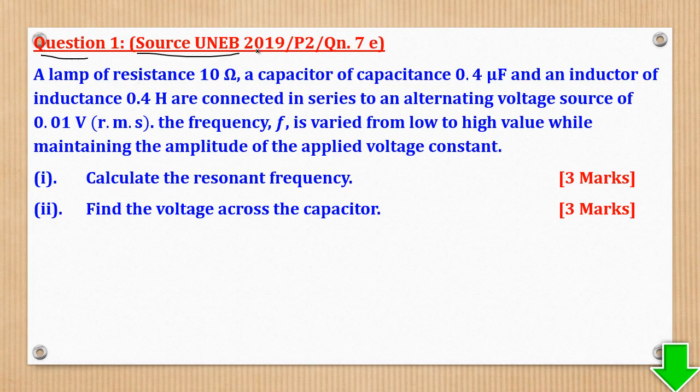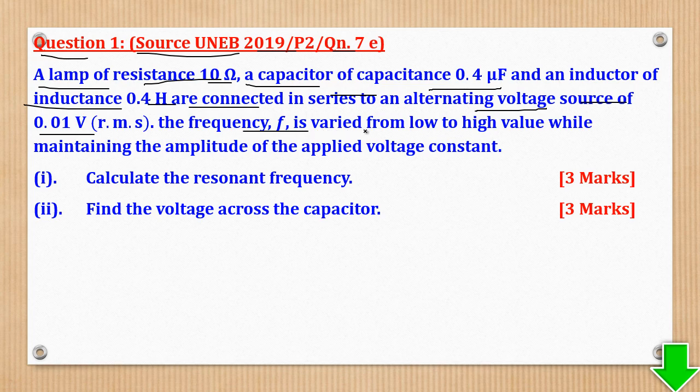Question 1 came from UACE 2019, paper 2, question 7E, and it says, a lamp of resistance 10 ohms, a capacitor of capacitance 0.4 microfarad, and an inductor of inductance 0.4 Henry are connected in series to an alternating voltage source of 0.01 volt RMS.